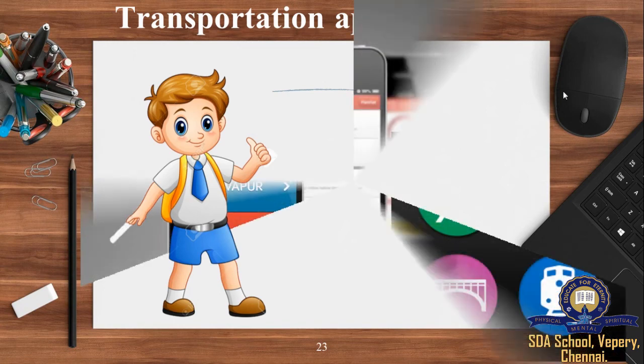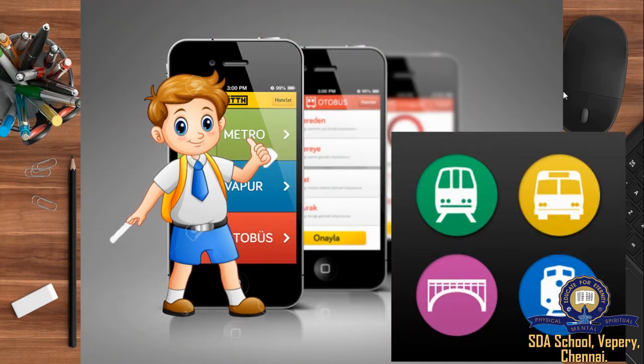Through transportation apps, it is very possible to book an auto or bus, or you can book a cab. Immediately it will reach your door location, and you can get onto that vehicle and reach your location.